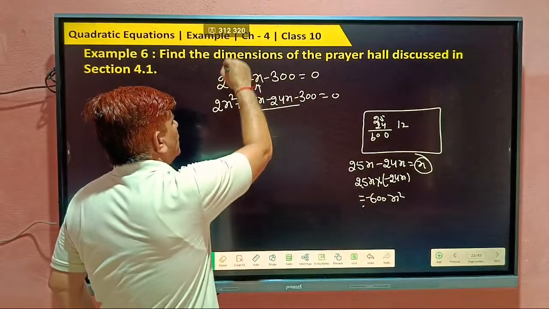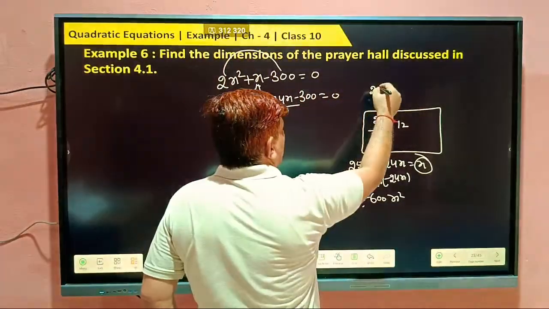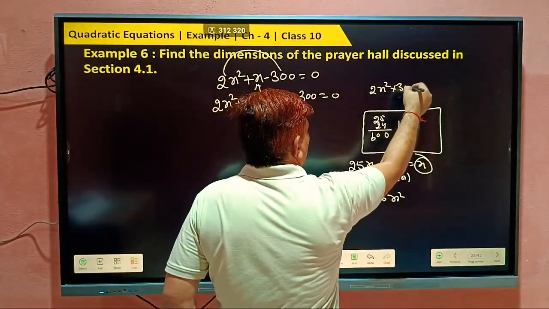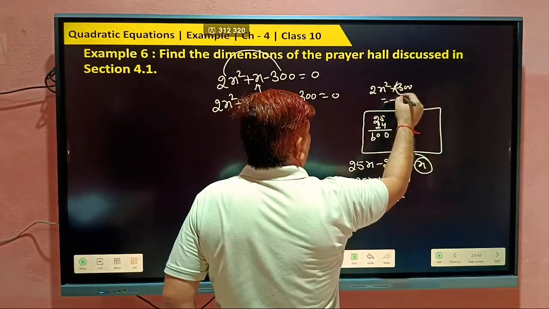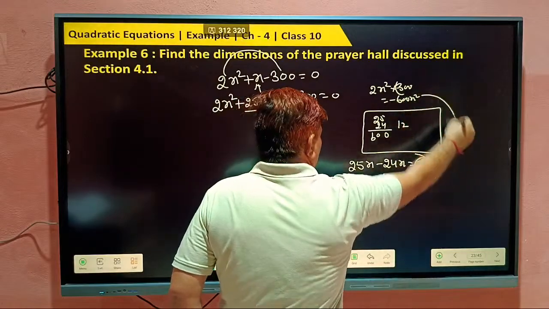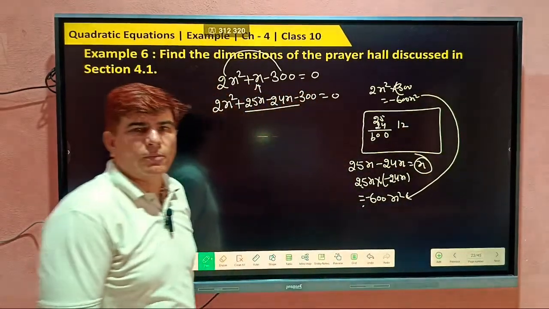What's the multiplication of 2x square into 300? How much? Minus 6. And both are equal. It means both our steps are right.